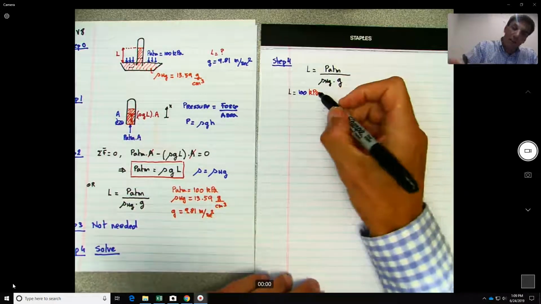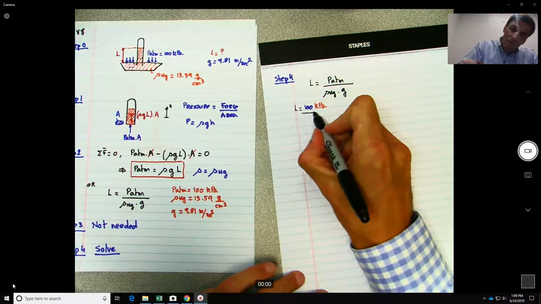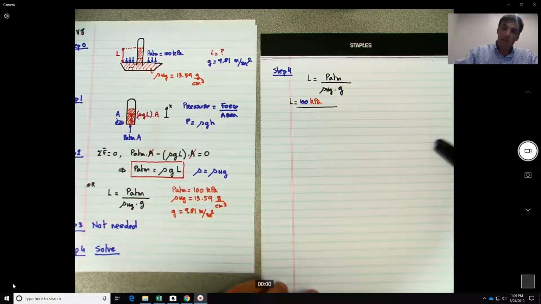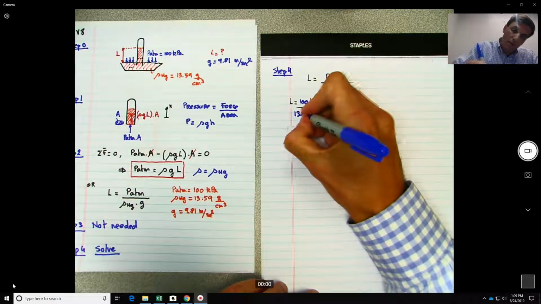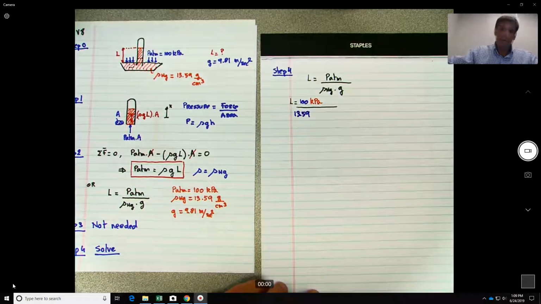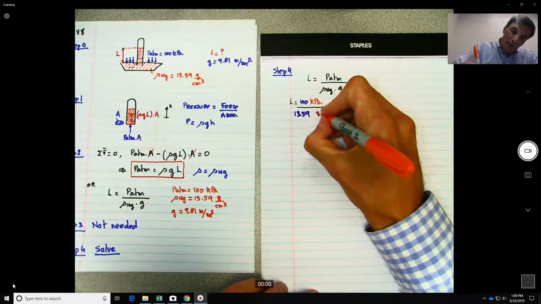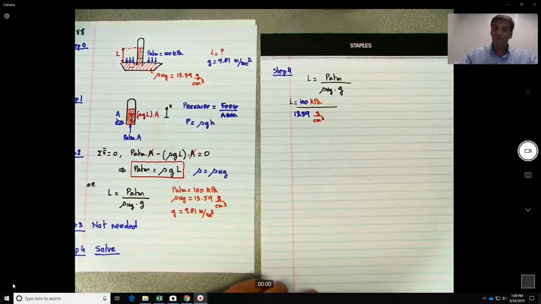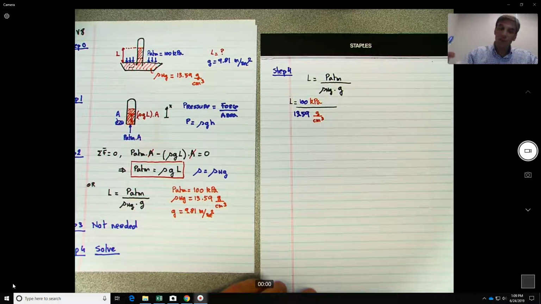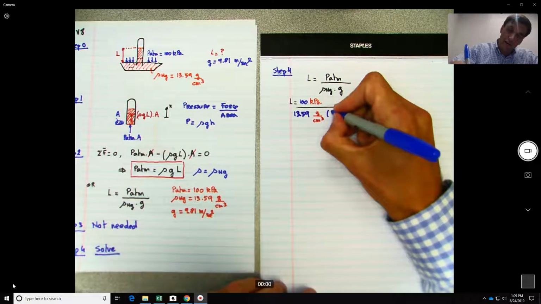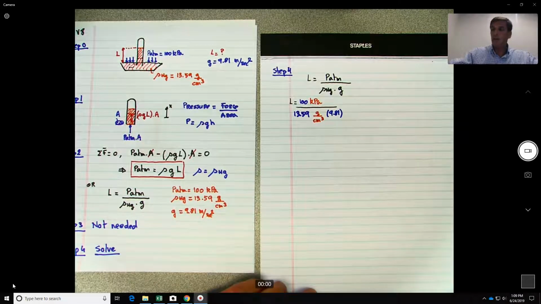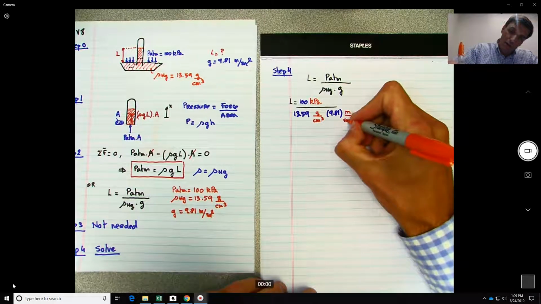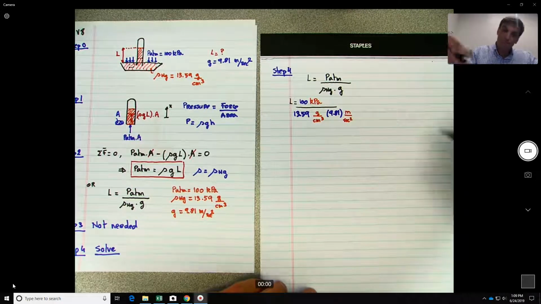Okay, and then dividing, we have a value of 13.59 grams per centimeter cube times G, which is 9.81 meter per second square.